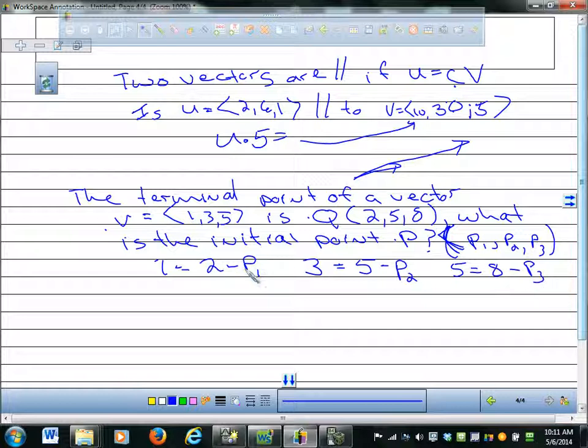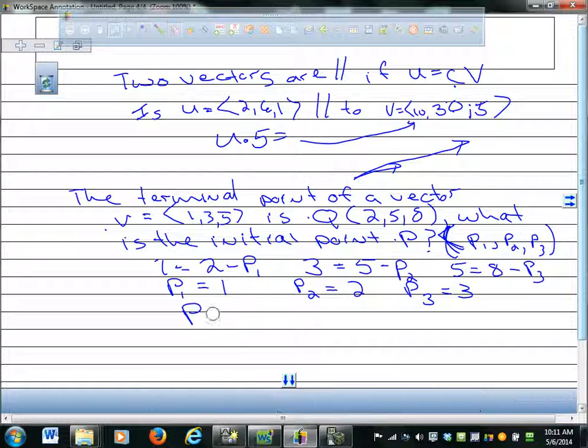Then you just solve, so you get P1 equals 1, P2 equals 2, and P3 equals 3. So point P is (1, 2, 3).